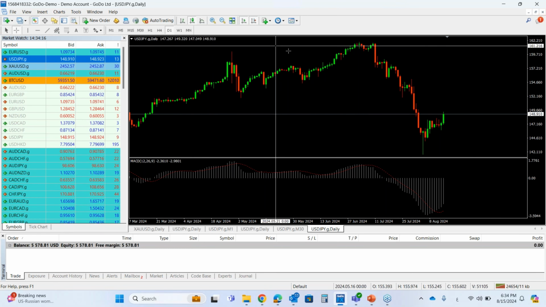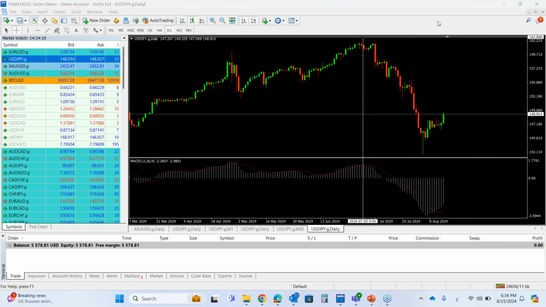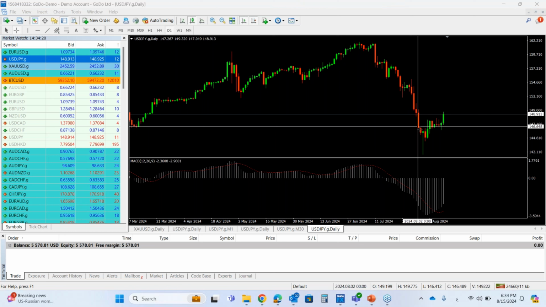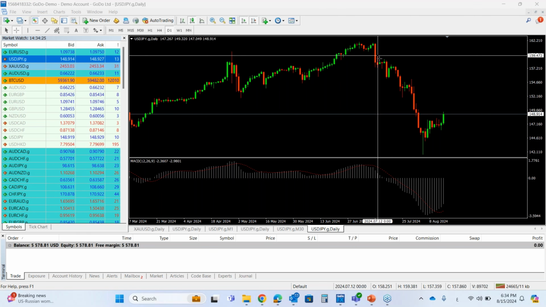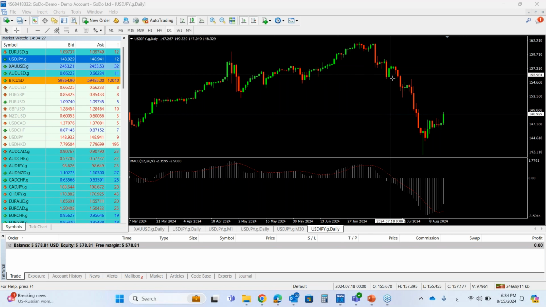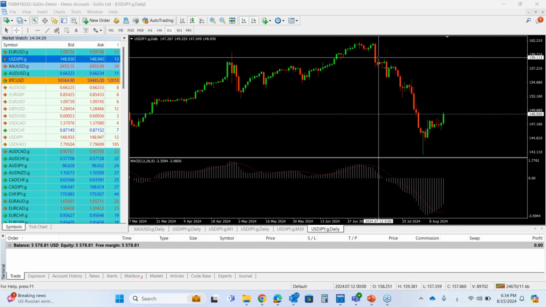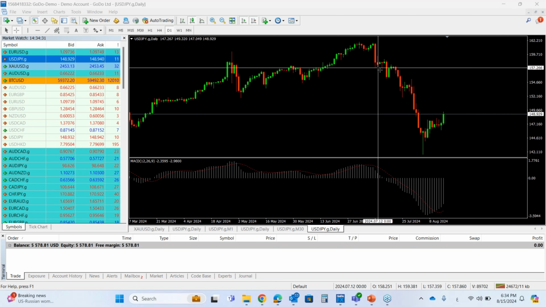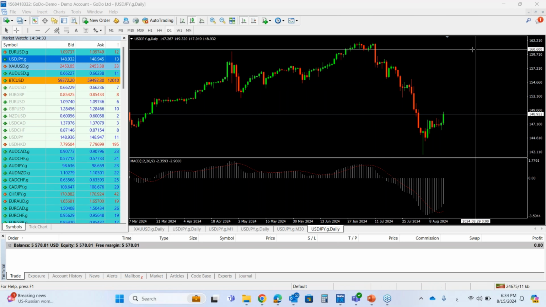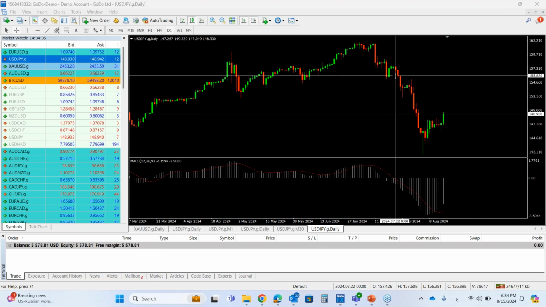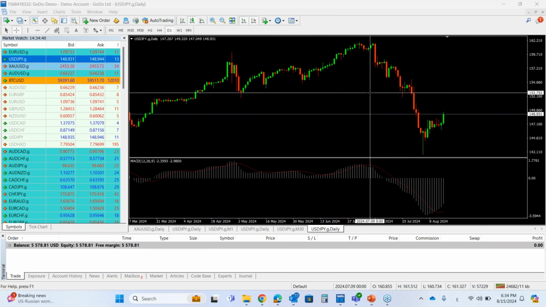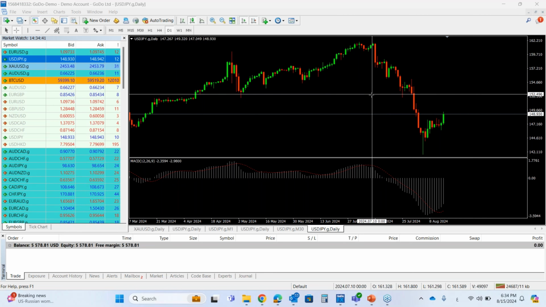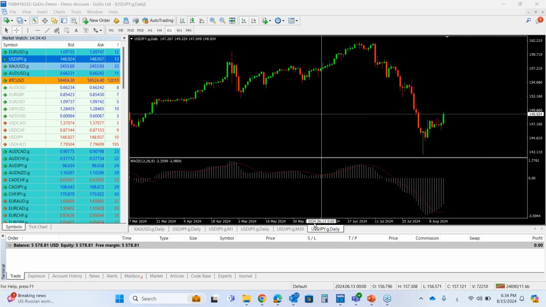Also, you can see here, this is the downtrend that the dollar against the yen took from the time the Fed announced that it will start cutting interest rates, while the Bank of Japan started to increase its interest rate. So this is fundamental. You use this information and then use the technical to take your decisions.